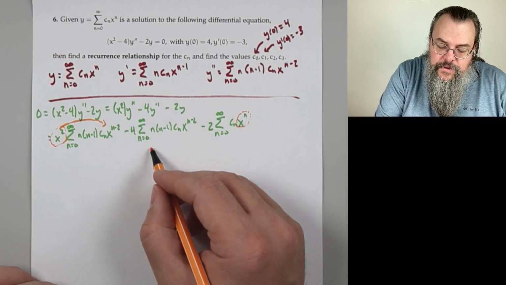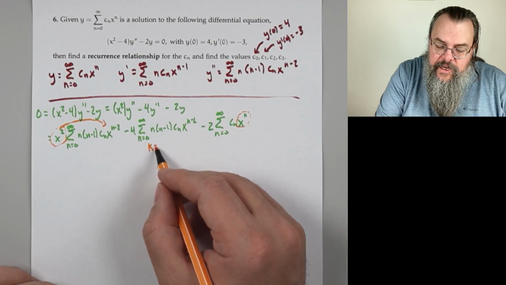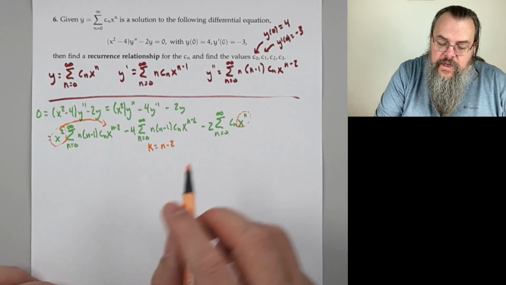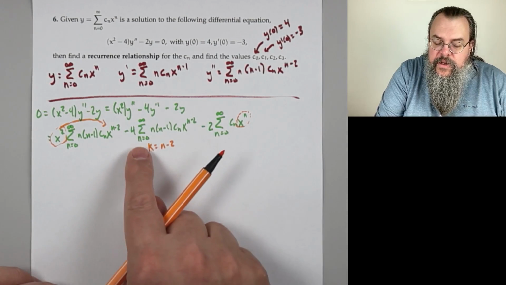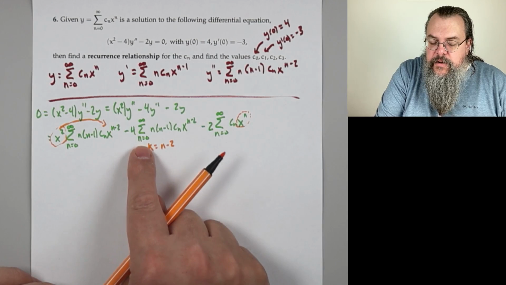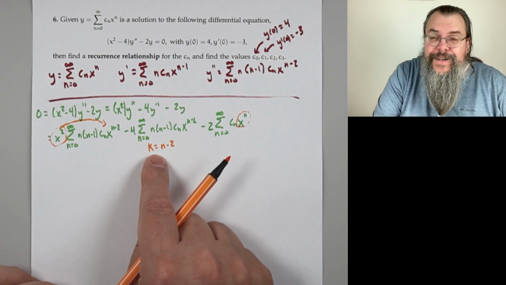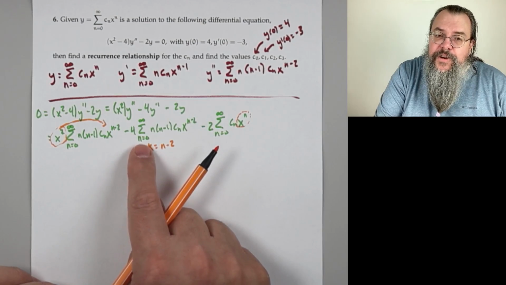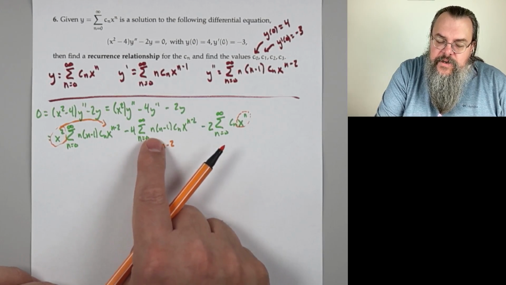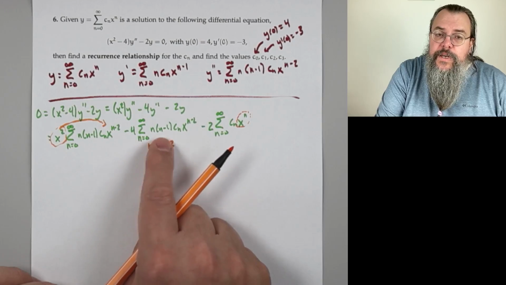So what we'll do is we'll say, let's let k equal n minus 2. Normally we say that if we start here at 0, that would mean we start at negative 2. Well, actually, we have some choices here, because when we plug in 0, we get 0. When we plug in 1, we get 0.